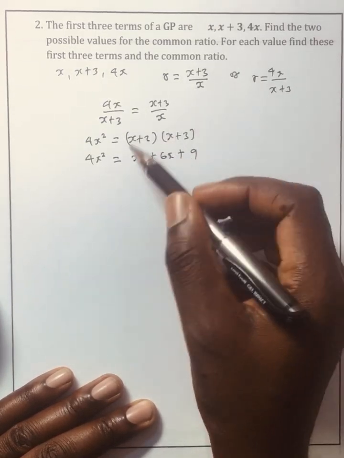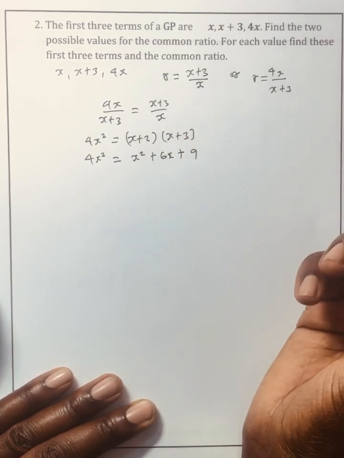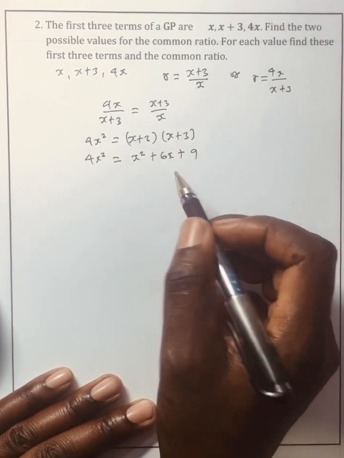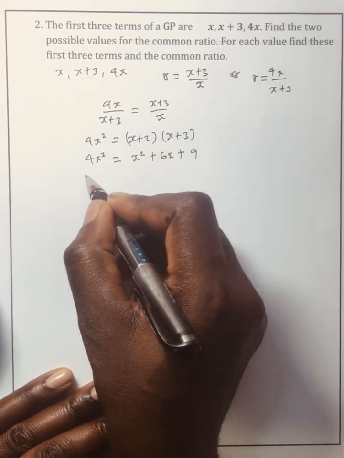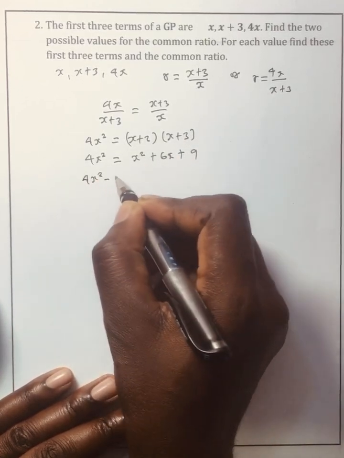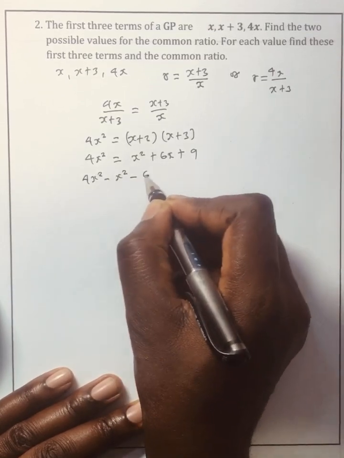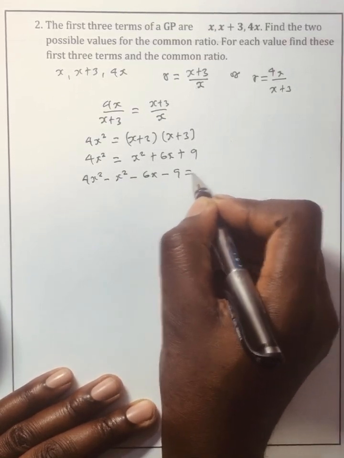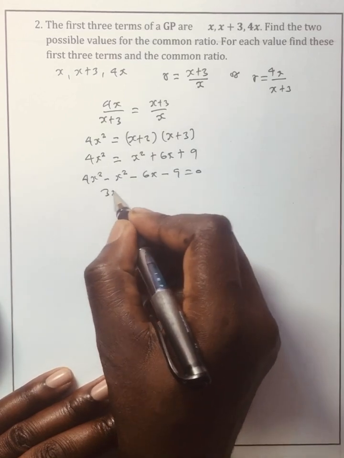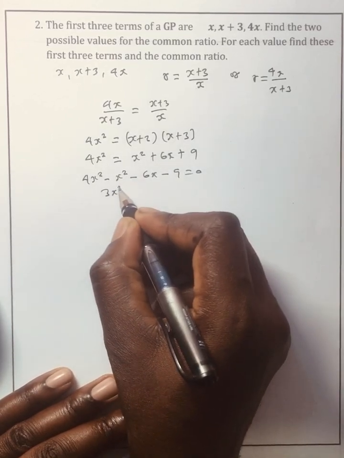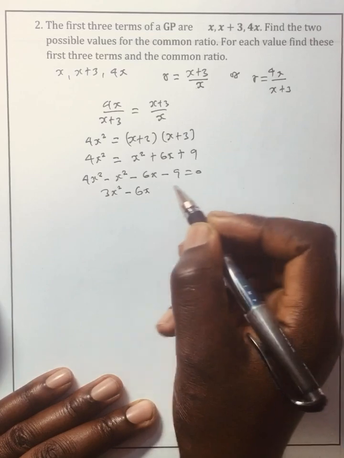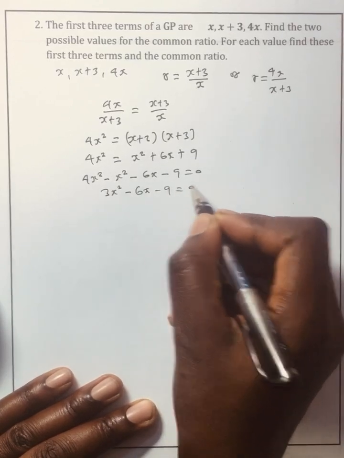Or you could expand that manually. So we can rewrite this as 4x squared minus x squared minus 6x minus 9 is equal to 0. That is the same as 3x squared minus 6x minus 9 is equal to 0.